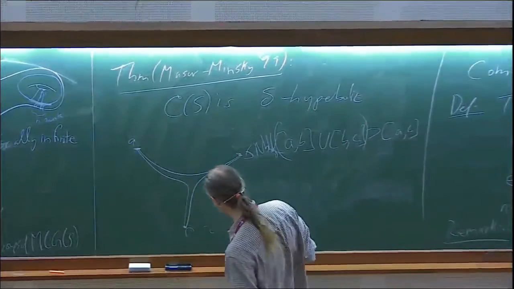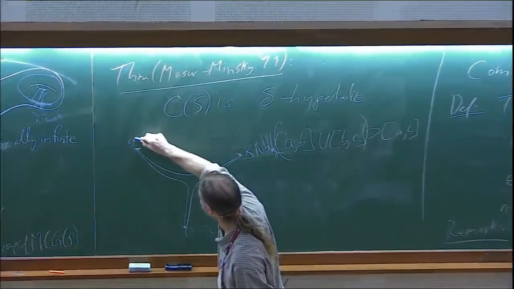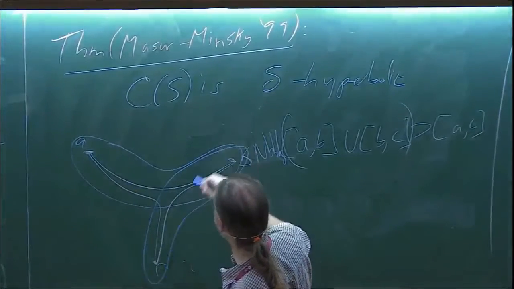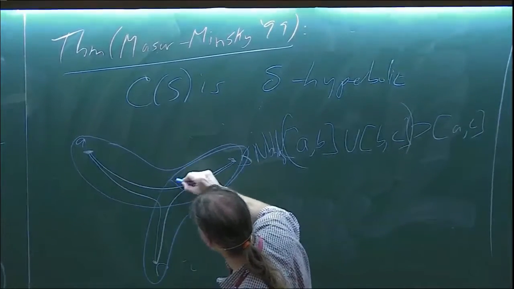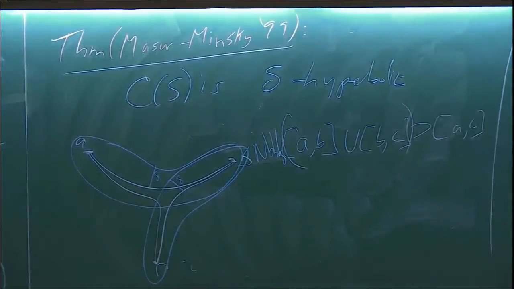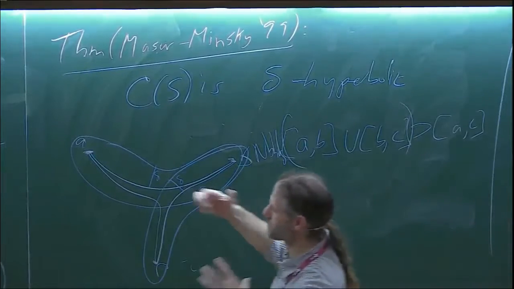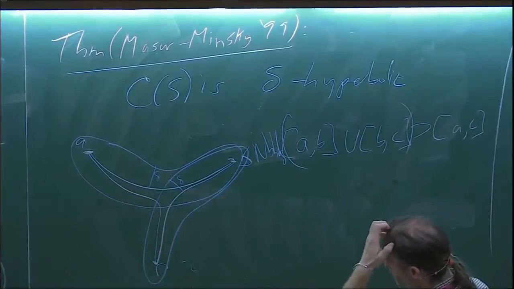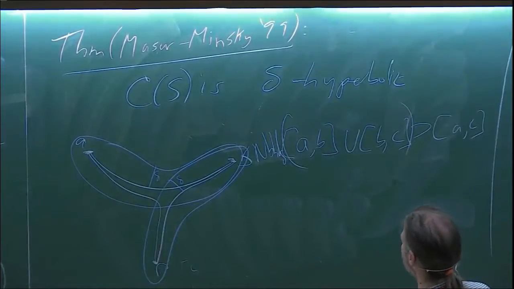So given any triple, some pair of those, if you take the delta neighborhoods of that pair, contains the third one. That's what delta hyperbolicity means, and what they proved is that this complex has this very strong geometric property, a strong negative curvature property.